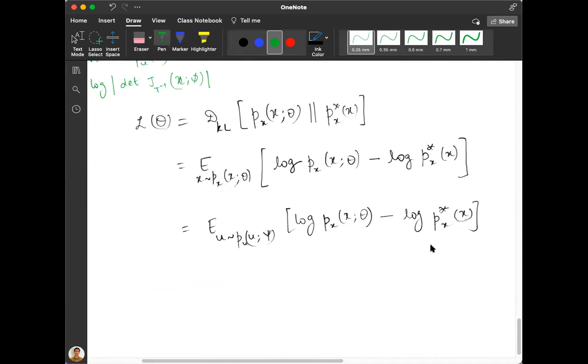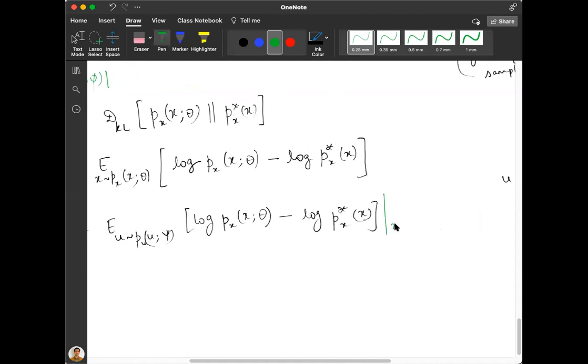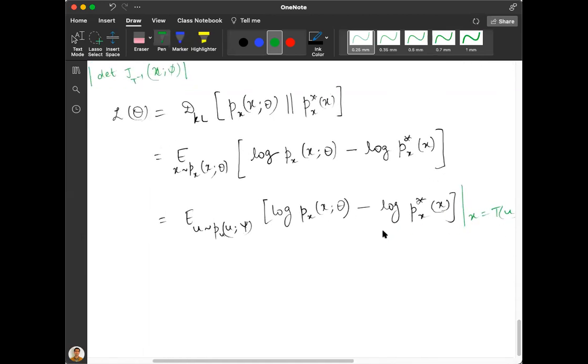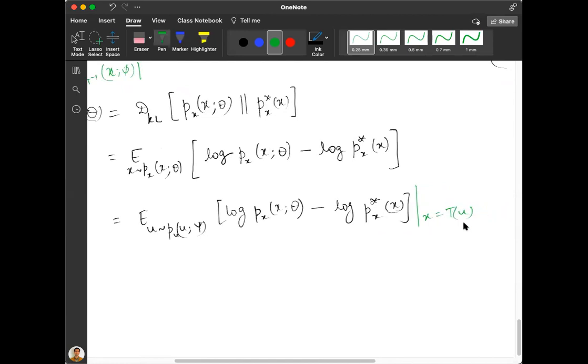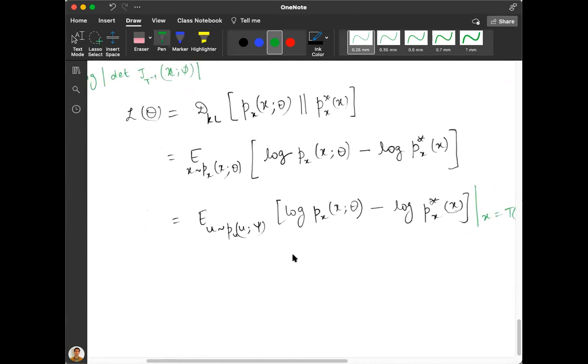The terms inside remain the same, just that here you will say my X is equal to T of U. Means you replace your X with T of U. Because now you know the values of U, you don't know the value of X, but to compute the value of X, you will apply this transformation, right?